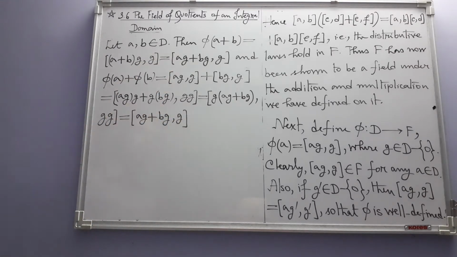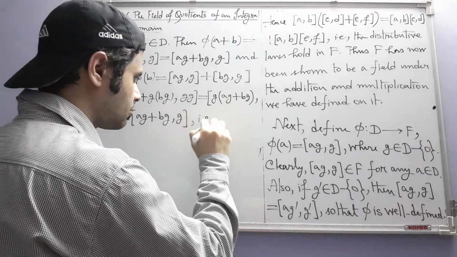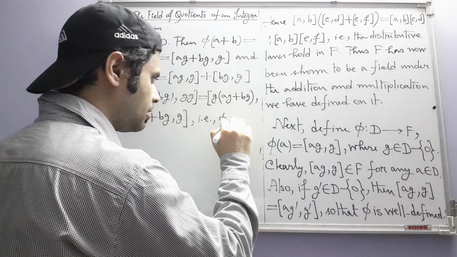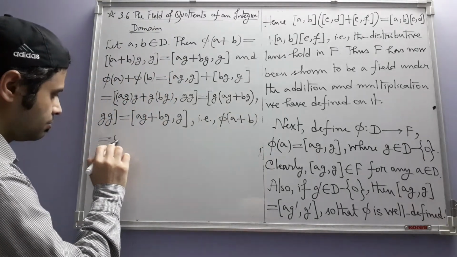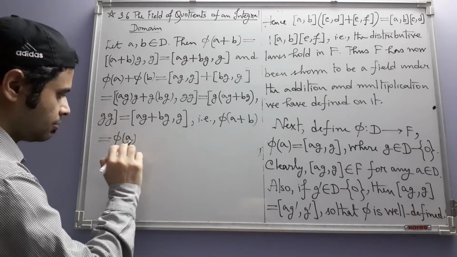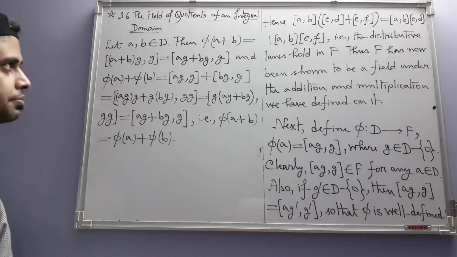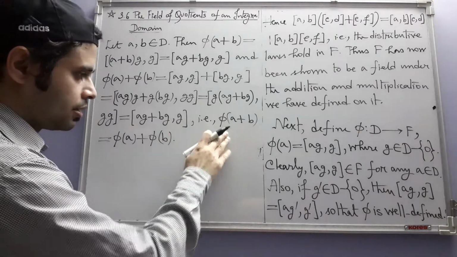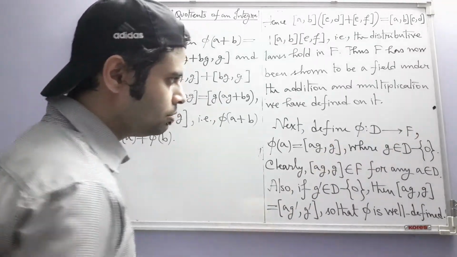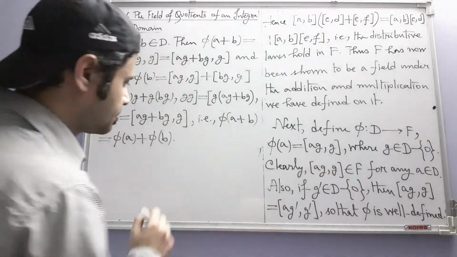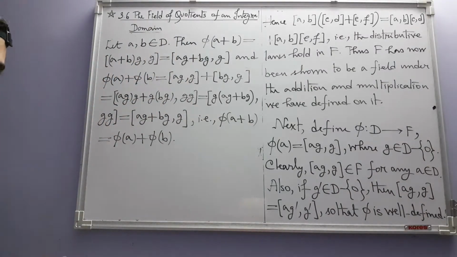So these two are equal, that is, phi of A plus B is equal to phi of A plus phi of B. So our map phi respects addition between these two rings. They are after all rings. One is an integral domain, other one is a field, but after all they are rings.